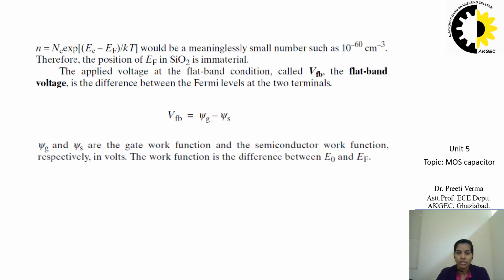The work function is the difference between E0 and EF. For an N plus polysilicon gate, the gate work function is 4.05 volts, and for the P-Si body, the semiconductor work function is 4.05 volts plus Ec minus Ef by q.